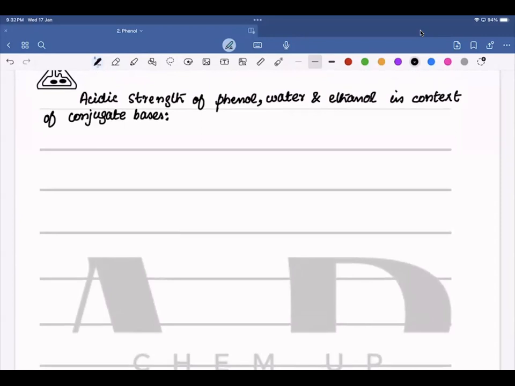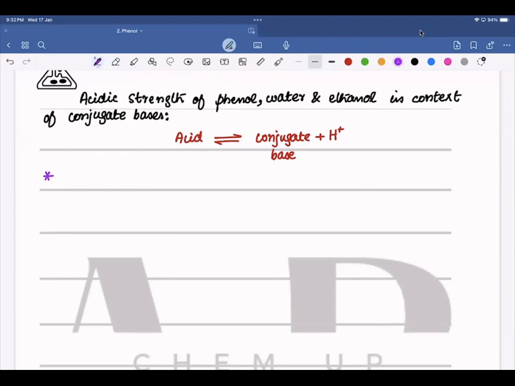As we know, when an acid dissociates, it produces a hydrogen ion and a conjugate base. So basically, this is how an acid reacts: it forms a conjugate base and the hydrogen ion. Is this point understandable to all of you? Yes. Okay. Now, how will a conjugate base react?